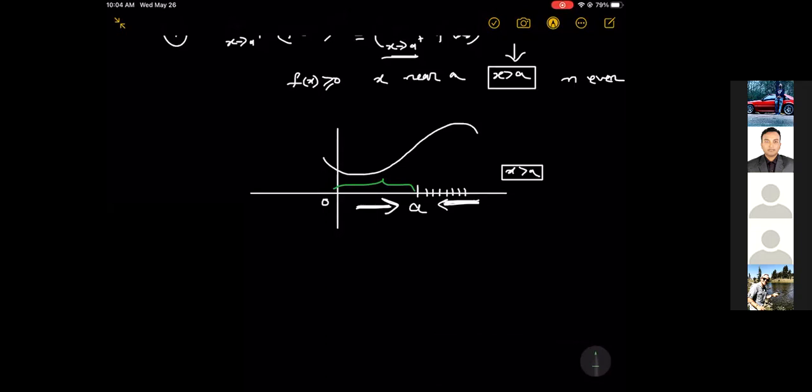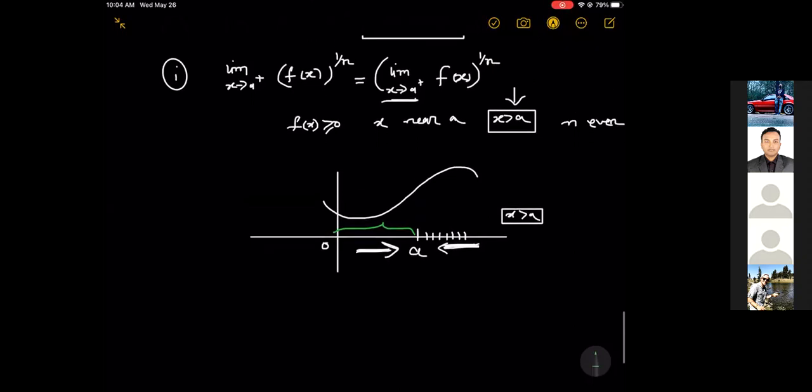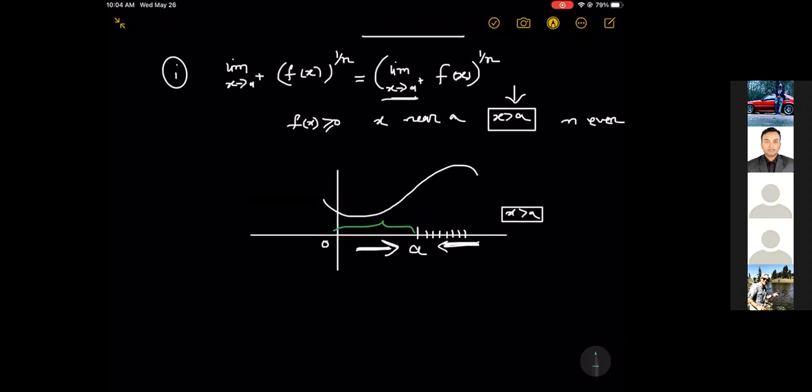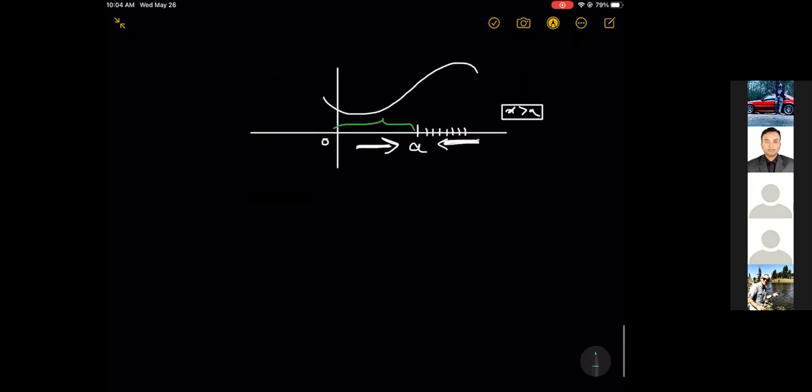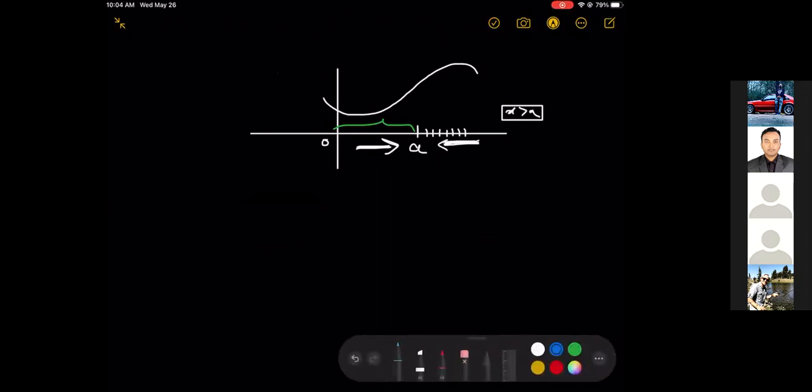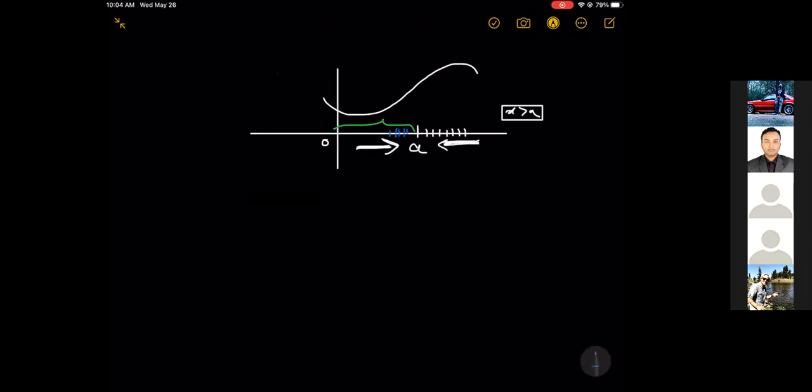And the same reason goes for the second one. When you're calculating the left-sided limit, you can clearly imagine your x has to be here, onto the left of a.